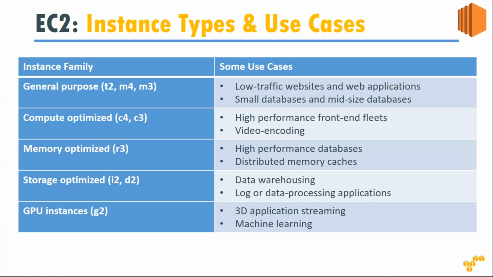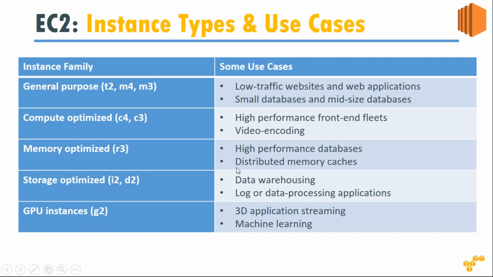So this is another pictorial, text-based representation of the use cases that each of those families are used for. When somebody says, I want to run a simple database or a website, then you recommend a general purpose server instance. If somebody says, I have video encoding, remember I talked about video encoding and compute optimized, that is a lot of CPU cycles required, then I should recommend a C-based instance.